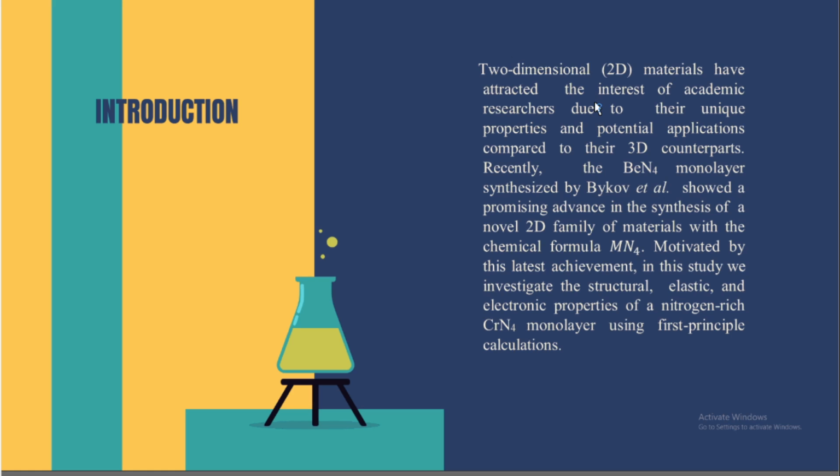One such family member has been synthesized recently, in 2021, and was found to be a Dirac semimetal with two Dirac cones at the Fermi level, like graphene. These results motivate us to study chromonitride from the same family using first principle investigations.